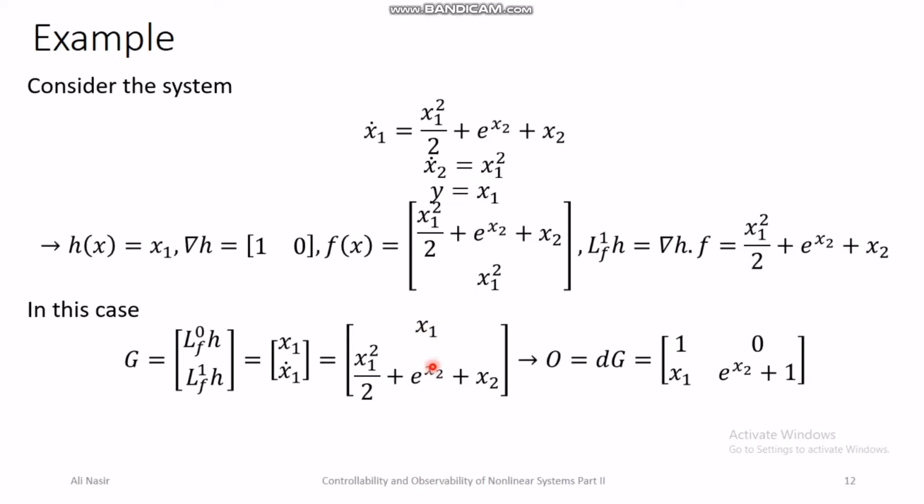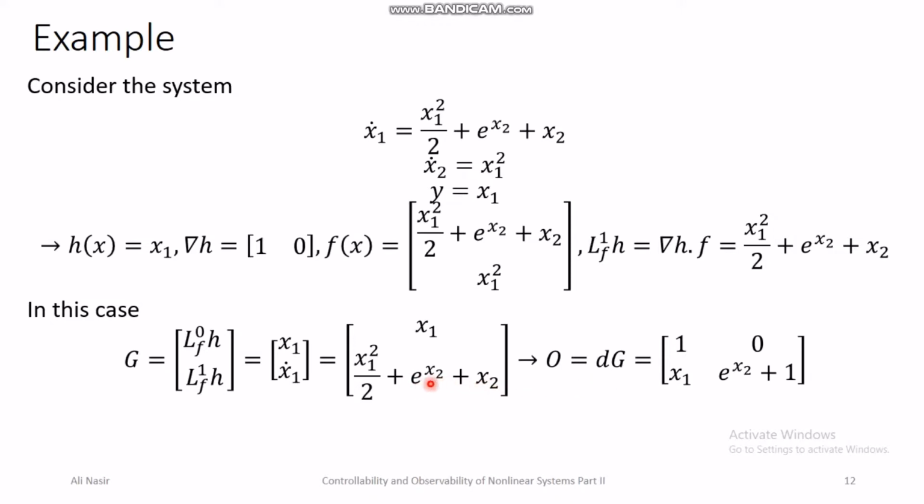To calculate the O matrix from this G matrix, you have to take the gradient. The gradient of x1 with respect to x would be partial x1 by partial x1, which is 1, and partial x1 by partial x2, which is 0. The gradient of the second entry with respect to x1: the partial derivative of the first term is 2x1 divided by 2, which is simply x1, and the partial derivatives of the other two terms with respect to x1 are 0.